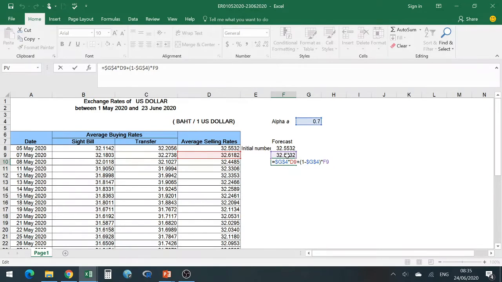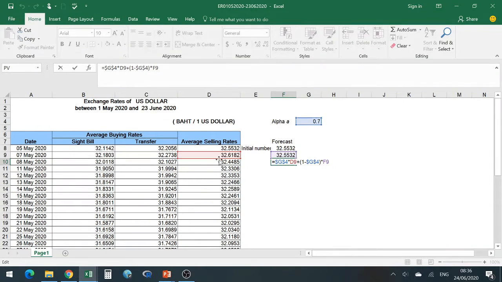So in exponential smoothing, when you forecast, you use two pieces of information. The first is the actual number of yesterday, and the second is the forecasted number of yesterday. These two numbers you use to forecast the exchange rate for tomorrow, and alpha puts the weight.